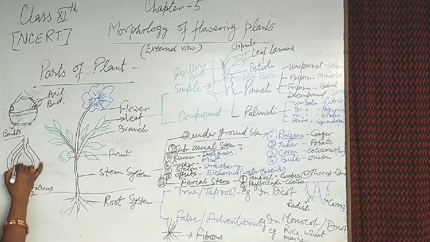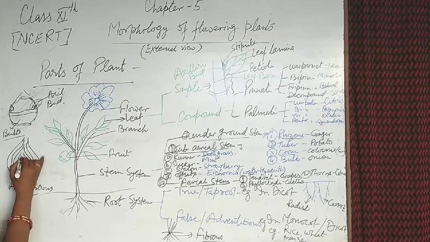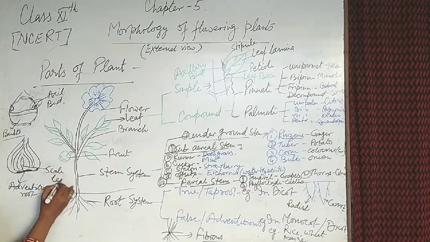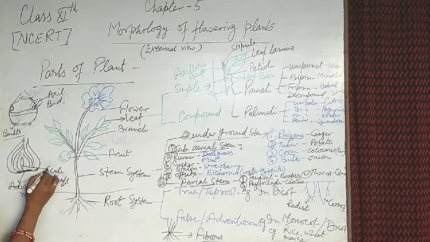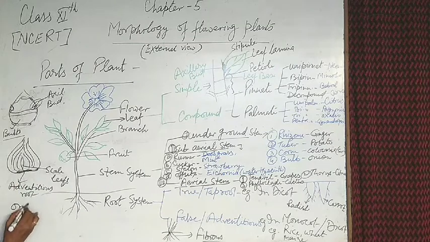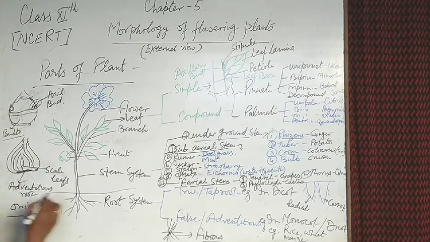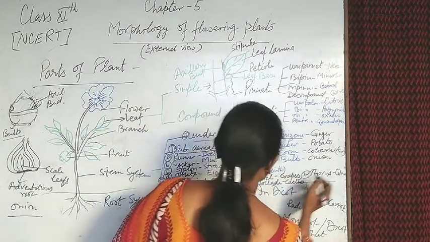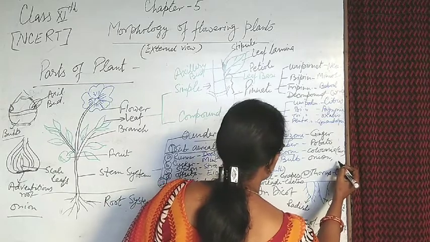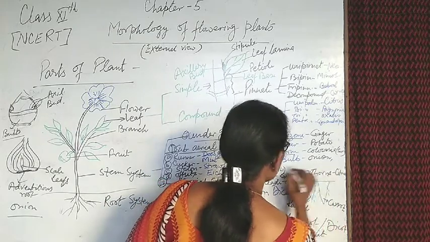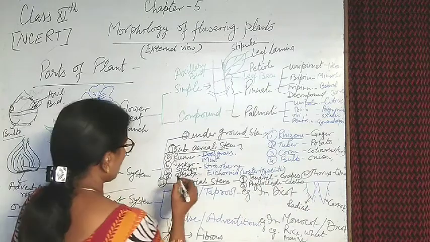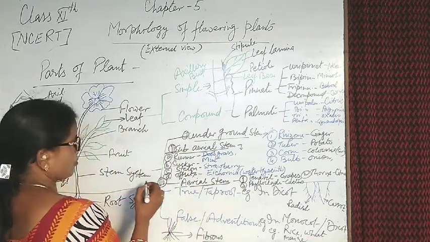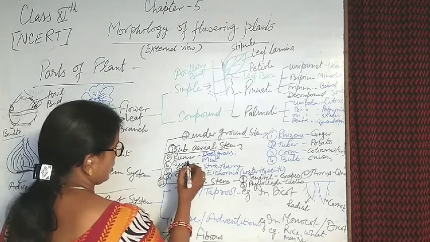The scaly leaves are the edible part of the onion. Understand? And the next example is garlic. And second, the subaerial stem modifications, runner.